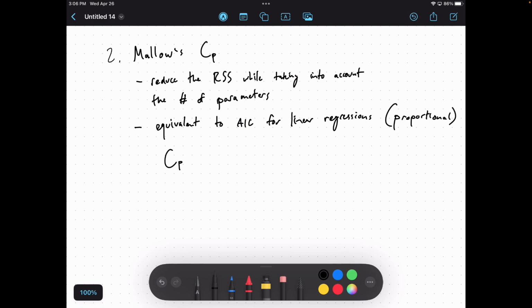So the equation for this, 1 over n, where this is your sample size, RSS plus 2k.